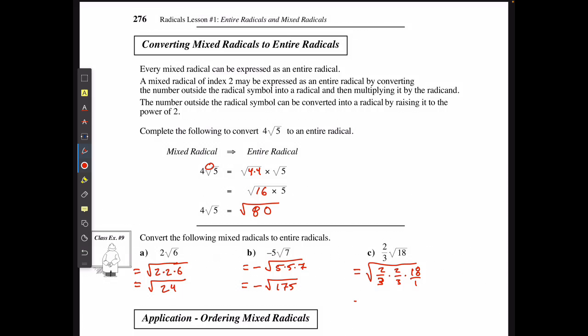So if I take 2 times 18, then that is going to give me the square root of 72. I'll divide by 3 times 3, which is 9, and I can simplify that. 72 divided by 9, it's just the square root of 8.